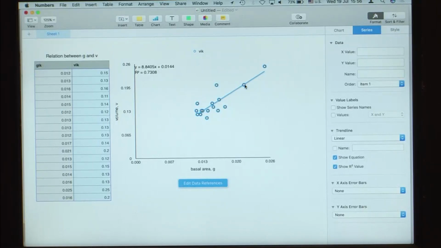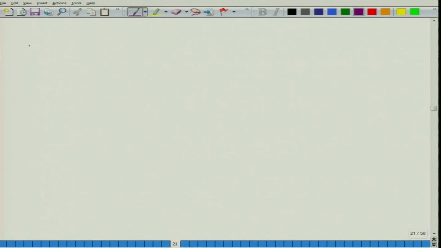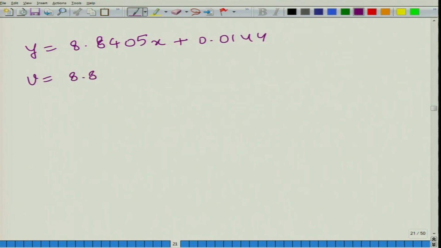Now, coming back to the tablet, we had received a formula of y is equal to 8.8405 x plus 0.0144. Here the y value was the volume value. So, volume is 8.8405 multiplied by the basal area plus 0.0144 is the regression equation that we will get in this case.